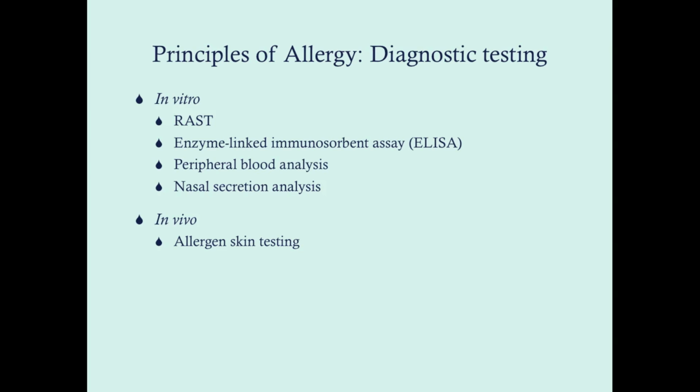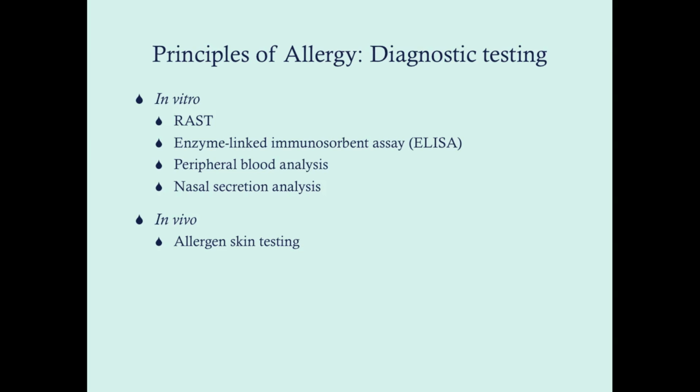So as far as in vitro testing, the most common hematologic abnormality that you can see with allergy is going to be eosinophilia, more than 450 eosinophils per microliter. The presence of eosinophils, or hypereosinophilia, is very sensitive for allergy, but it is not at all specific, and so typically we can't use that.